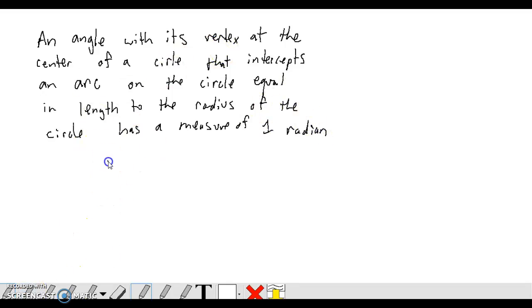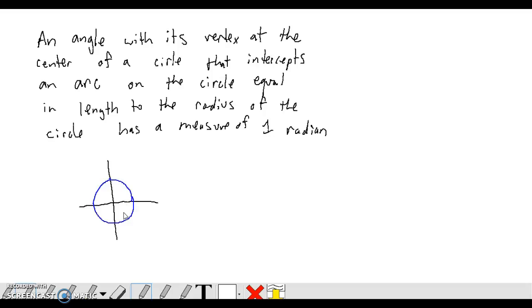So let me just draw a y-axis first, then an x-axis. So here is an angle with its vertex at the center of a circle. So let's draw a circle to the best of my ability. And that is a bad circle. So let me see if I can redo a little bit of it. All right, that's a little bit better.